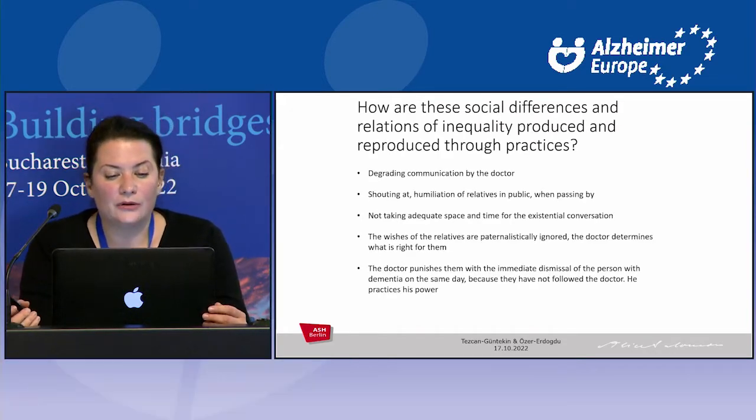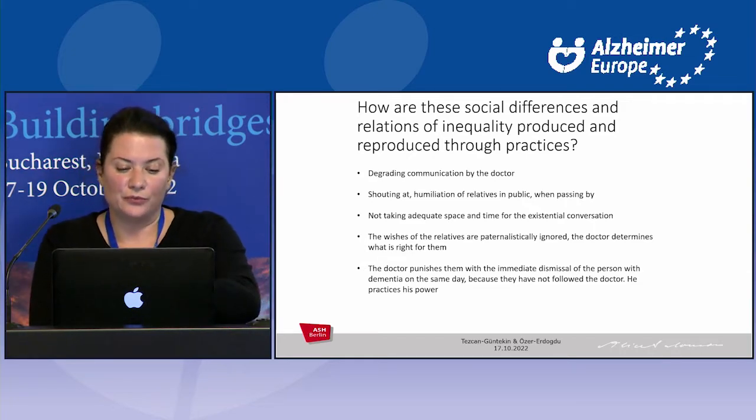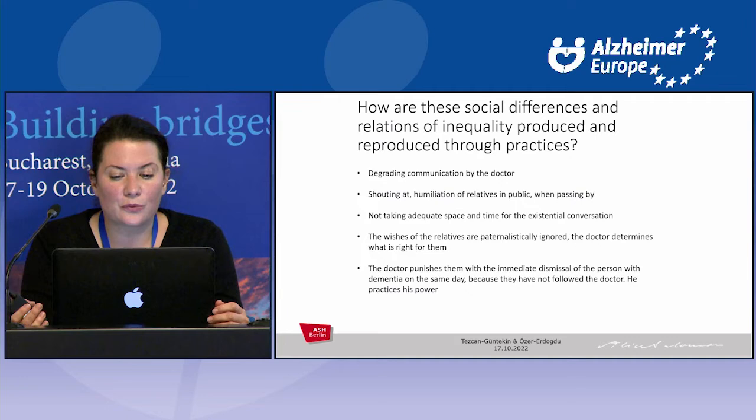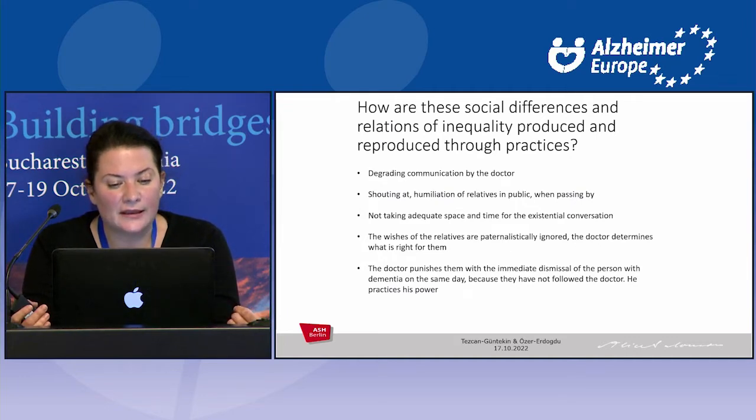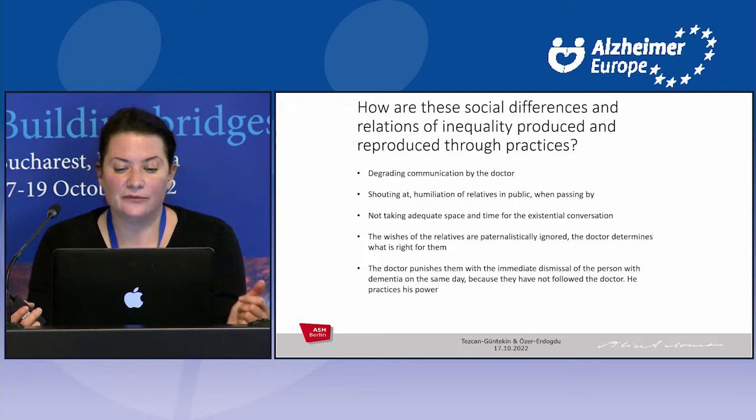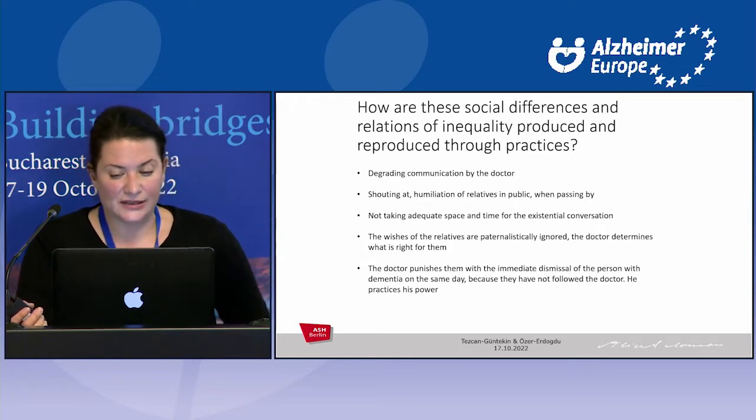If we look at how these social differences and relations of inequality are produced and reproduced through practices, then we see there is degrading communication by the doctor. He is shouting at the person, humiliation of relatives in public when passing by, not taking adequate space and time for the existential conversation.